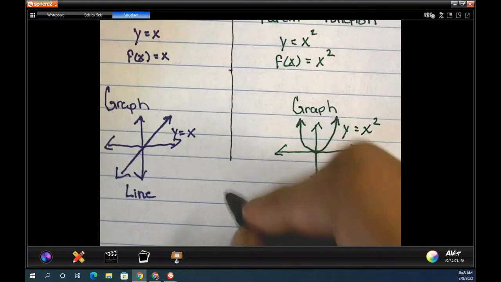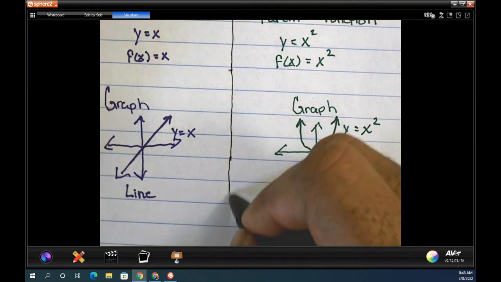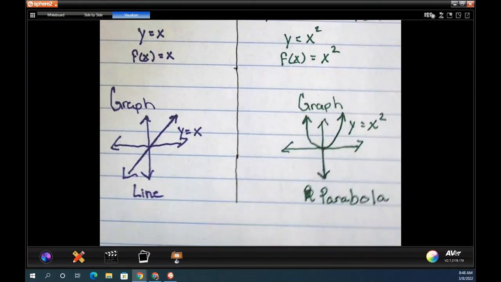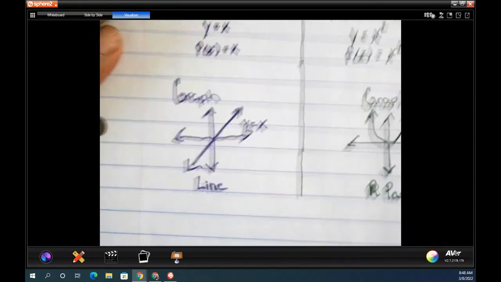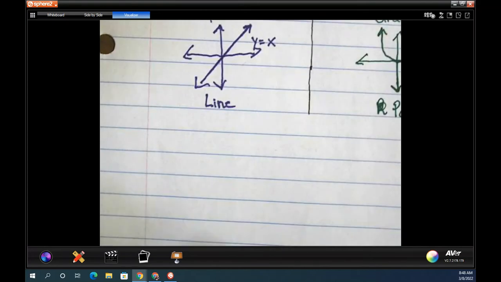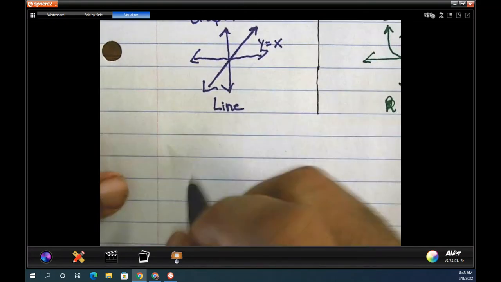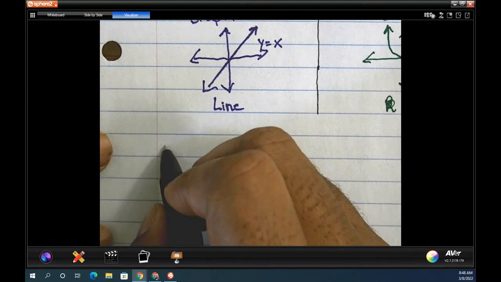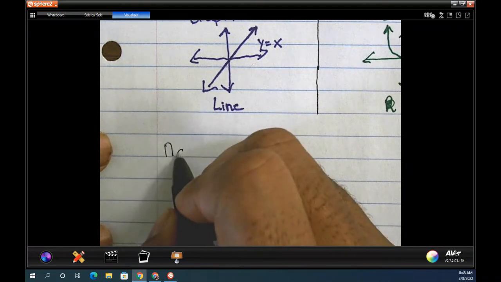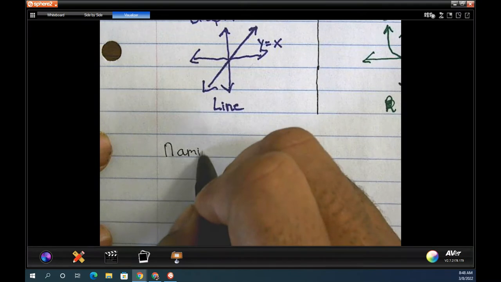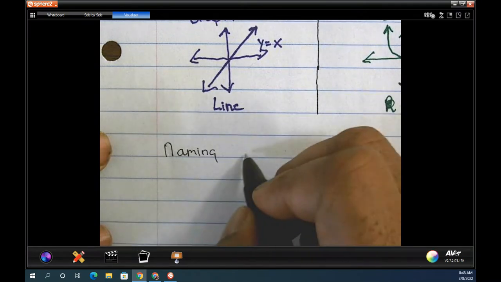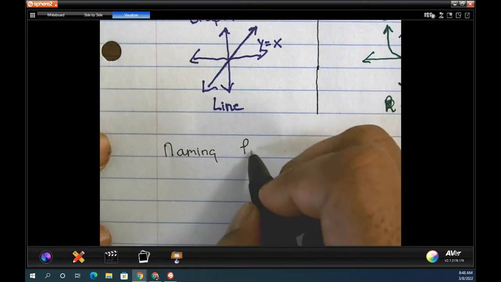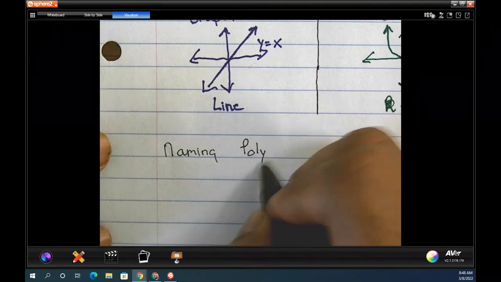Now, let me draw my line here. All right. Come down here. I'm just going to put this all in one. Naming polynomials.